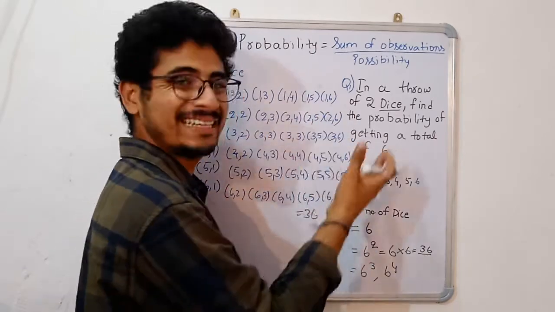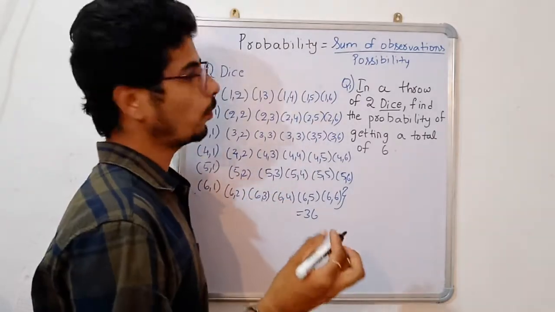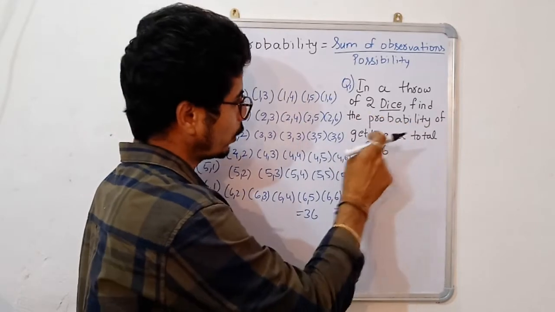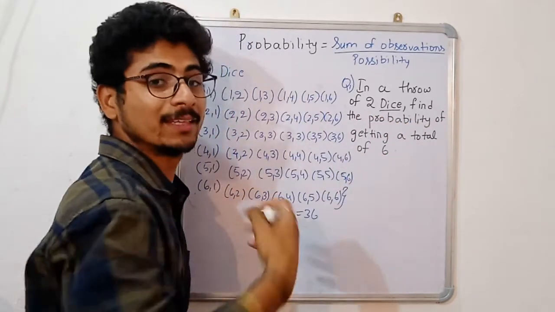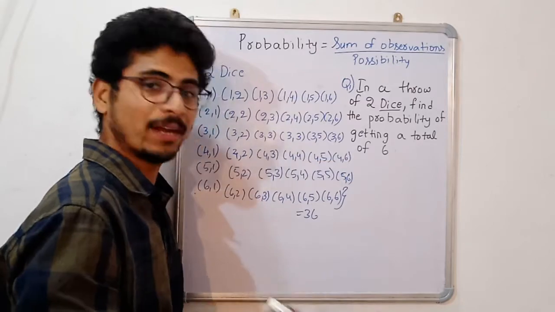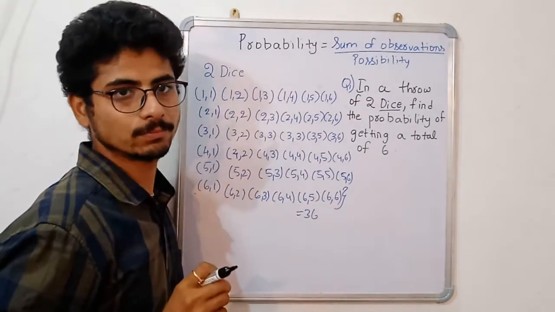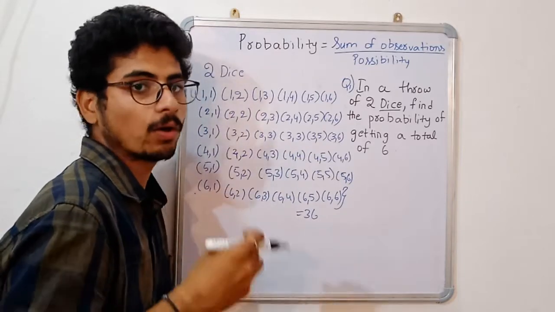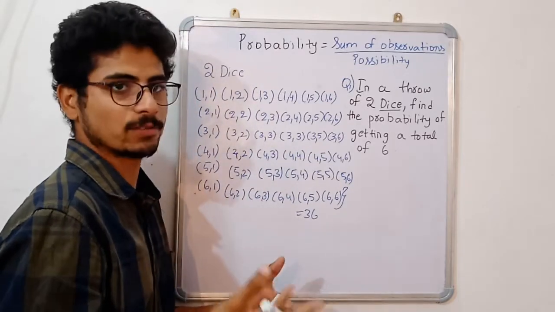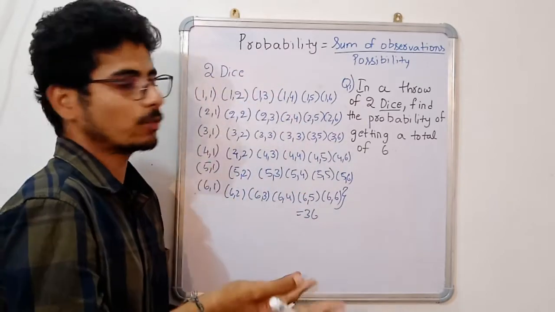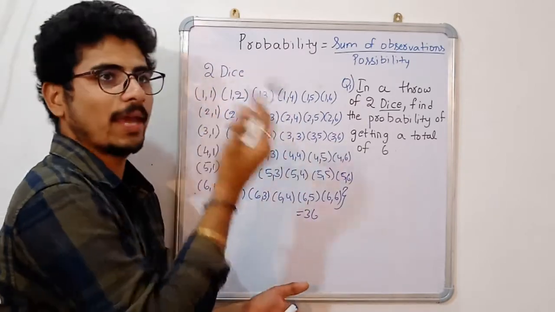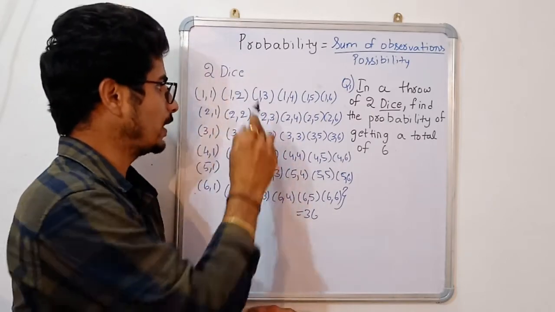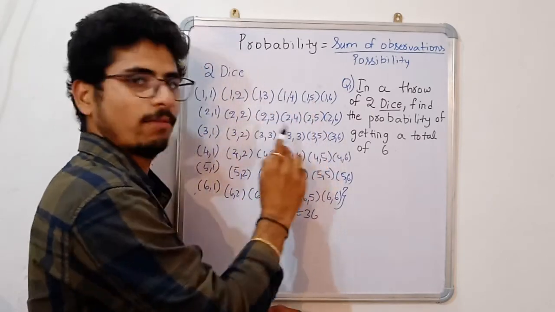So we'll see the question first. In a throw of 2 dice, find the probability of getting a total of 6. The sum needs to be 6 when 2 dice are given. See here, this is the possibility of getting the sequence. If 2 dice are thrown, the combination will be either 1 and 1, 1 and 2, 1 and 3, 1 and 4, 1 and 5, 1 and 6.